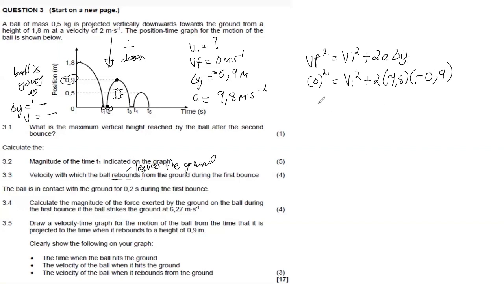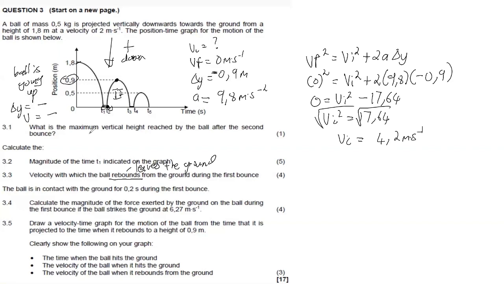So be careful of that. Then this is 0 VI squared. The answer that we get from this one is negative 17.64, which if we transpose it over to this side, this is positive 17.64. And then we square both sides, then our V initially becomes, punch that into your calculator, it's now 4.2 meter per second.